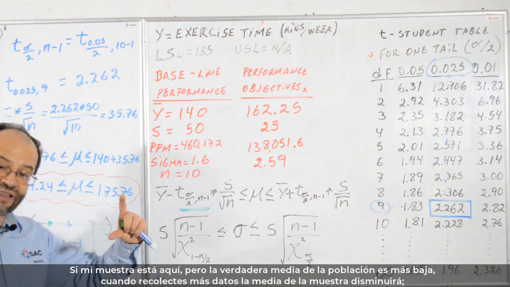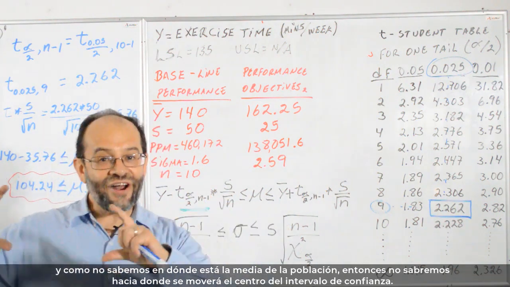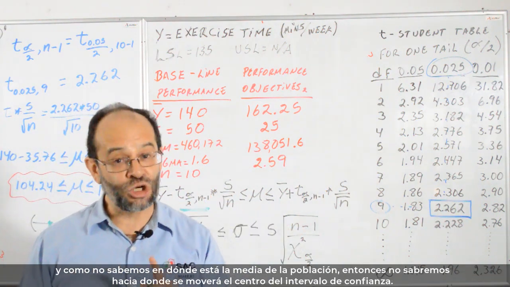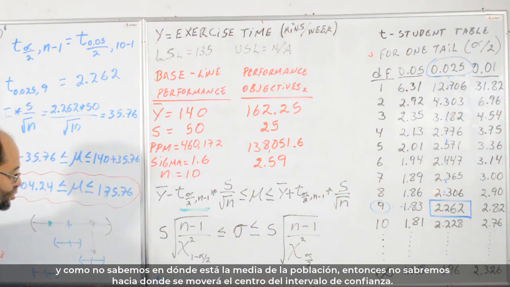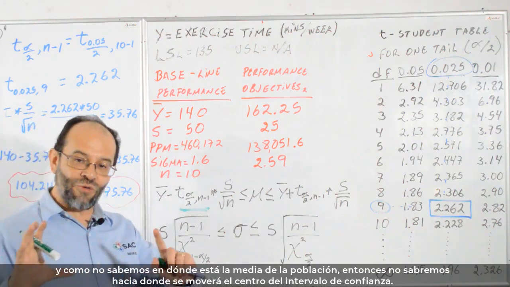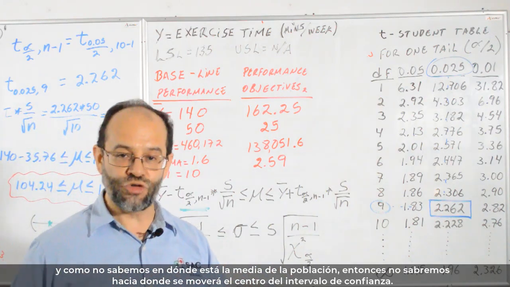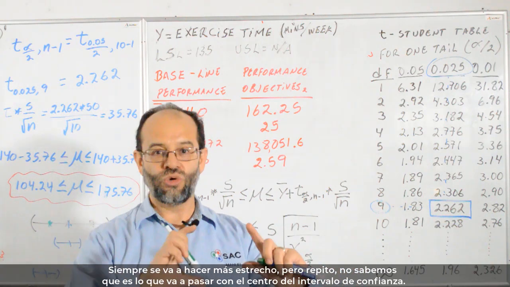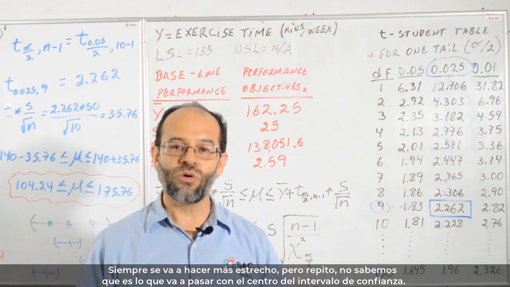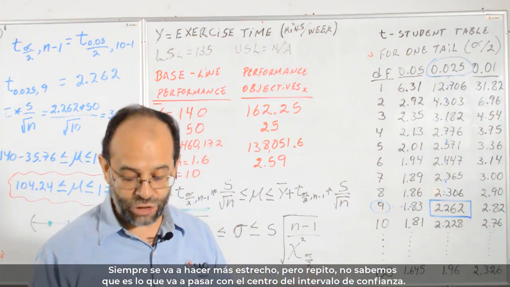So the confidence interval is going to move toward where the actual mean of the population is. And we don't know where that is, if it's here, or here, or here. So we don't know where the center of the confidence interval is going to move to. It's always going to decrease, it's going to be more narrow. But again, we don't know what's going to happen.